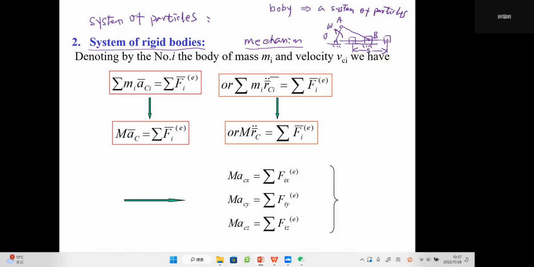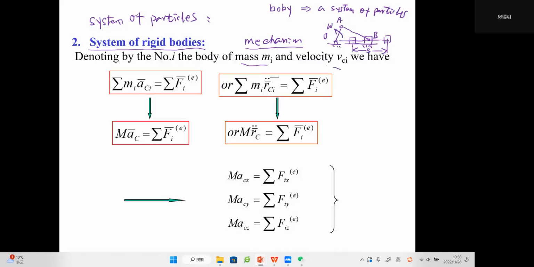So when we talk about a system of rigid bodies, it means there are a lot of bodies. Each body can be treated as a system of particles, and this whole system of rigid bodies can also be treated as a system of particles. Can you guys understand what I'm trying to say? So that means, denoting the i-th body, the i-th body has mass m_i and velocity v_Ci.